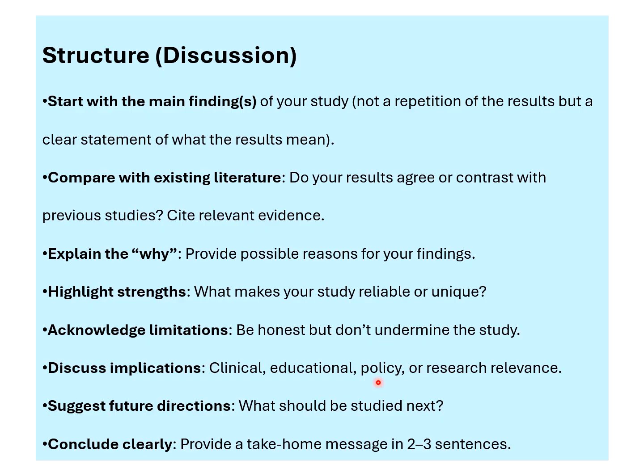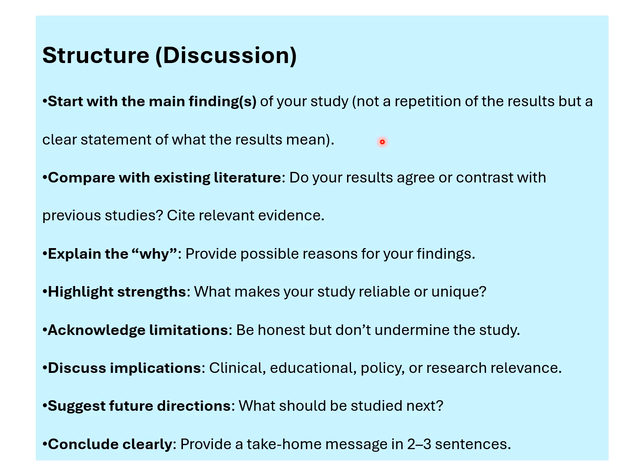Structure of the discussion section. Start with the main finding of your study, not a repetition of the results, but a clear statement of what the results mean. Here you don't need to exactly copy-paste the results, but you can take the main findings and paraphrase the sentences, without changing the findings.